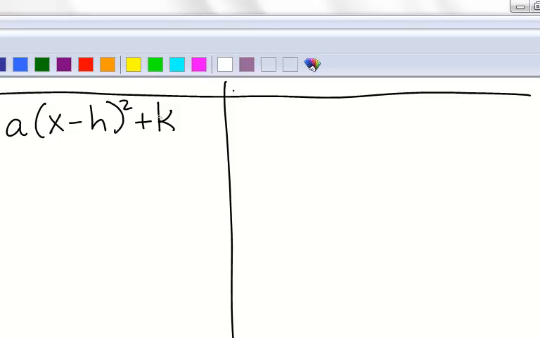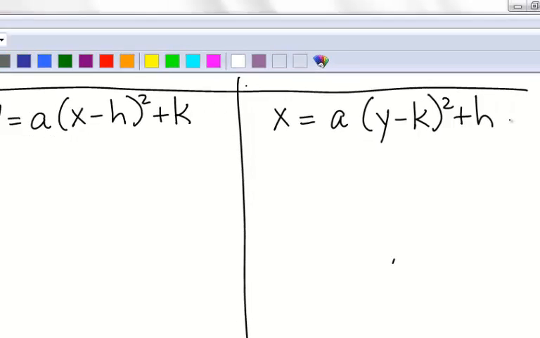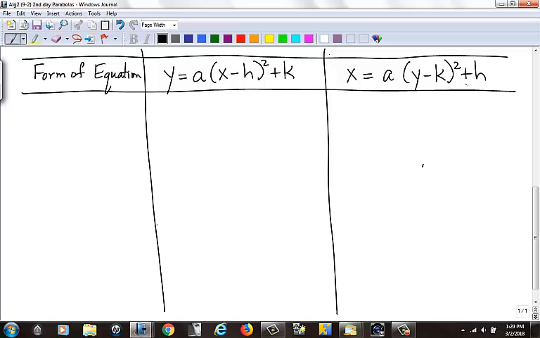Or it's an x to the first and a y squared. So if you have x equals a times y minus k, quantity squared plus h, if it's an x to the first and a y squared, it's going to open left or right. If it's a y to the first and an x squared, it's going to open up or down. So we need to look at both equations.